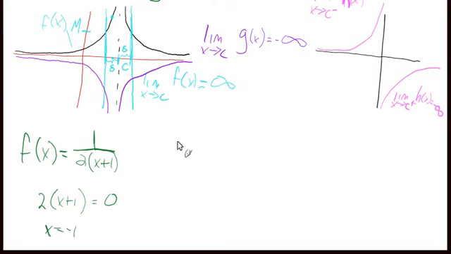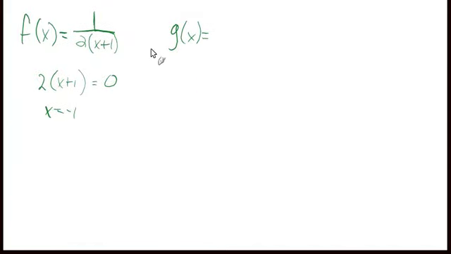How about a different function, g of x equals... and let me just slide these down, because we don't really need these anymore, and I don't want you to confuse yourself. These don't have anything to do with the pictures I had drawn. g of x equals x squared plus 1 over x squared minus 1. So wherever the denominator is equal to 0, we have a no-no, we have a problem.